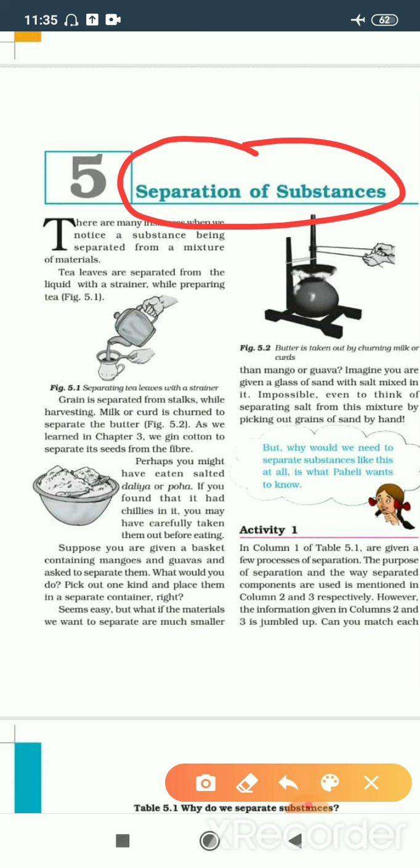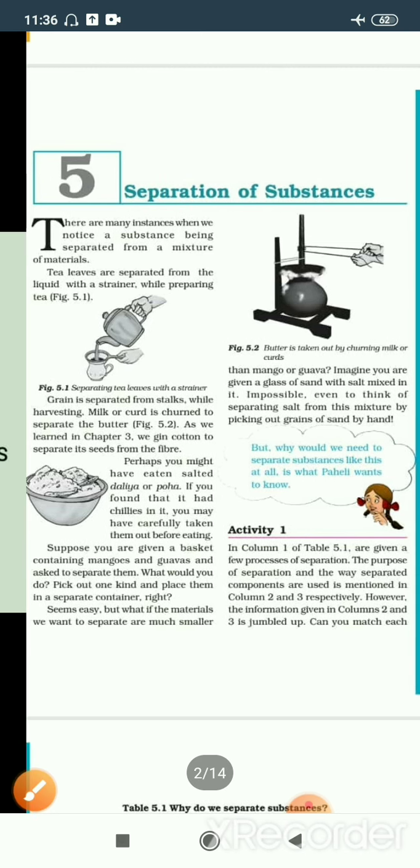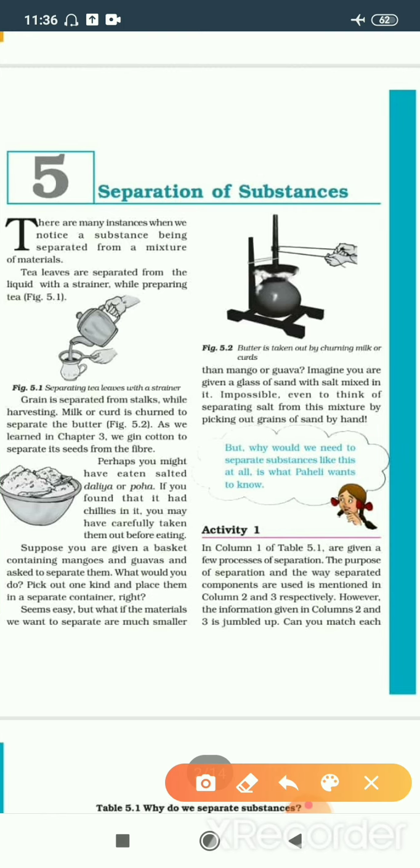Now let's move ahead. Seems easy, but what if the materials we want to separate are much smaller than a mango or guava? Imagine you are given a glass of sand with salt mixed in it.